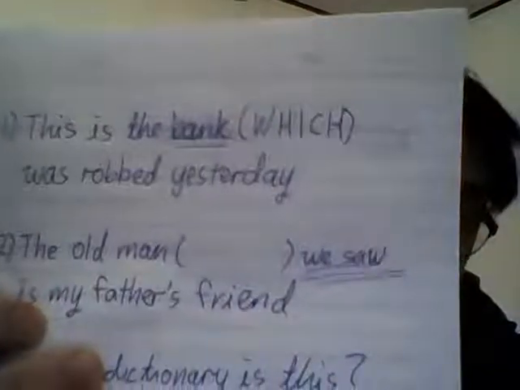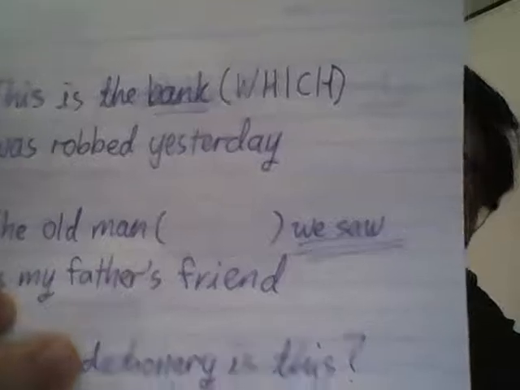What? We saw him. He is the object, not the subject here. Sorry, I got that the opposite way around. He is the object and not the subject here. Object, things happen to that person.